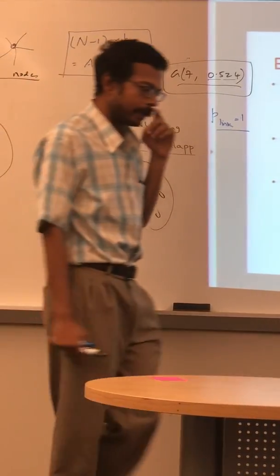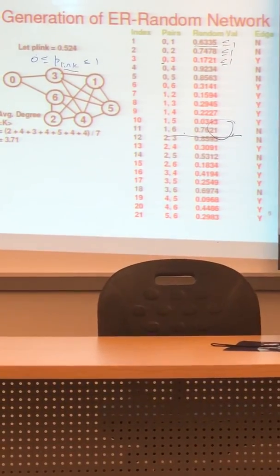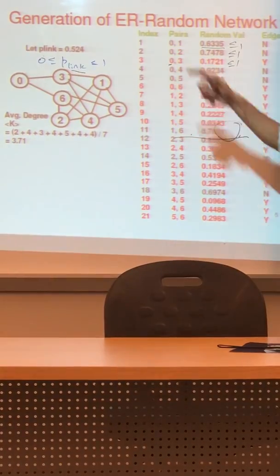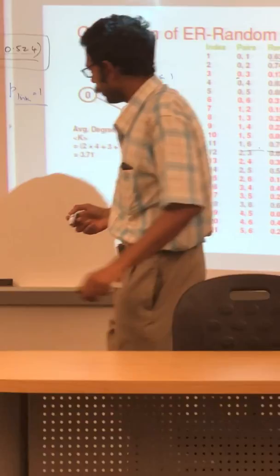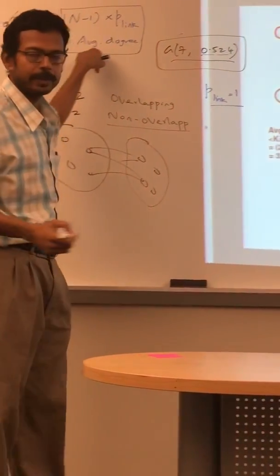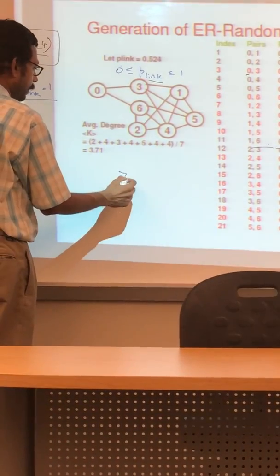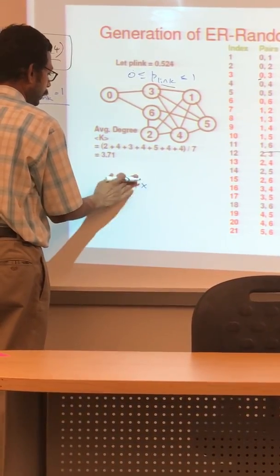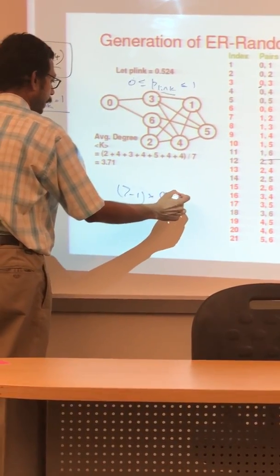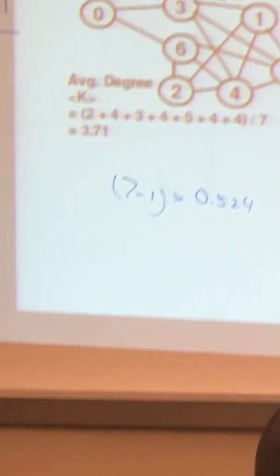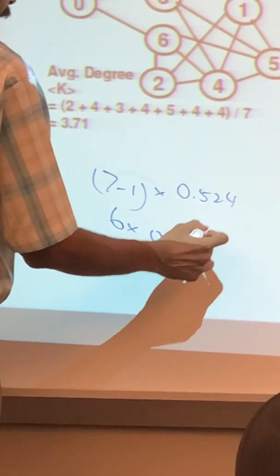Now you may wonder, for this random network that we generated here according to the ER model, we could estimate what would be the average degree. How? We know it is a graph of 7 vertices, so the average degree is going to be 7 minus 1 times 0.524, the p link value. So 6 times 0.524, what do you get?